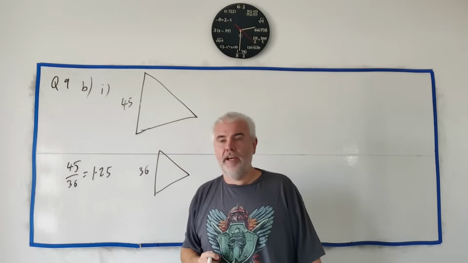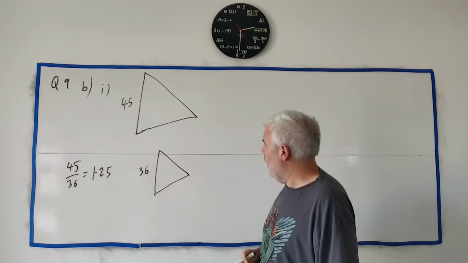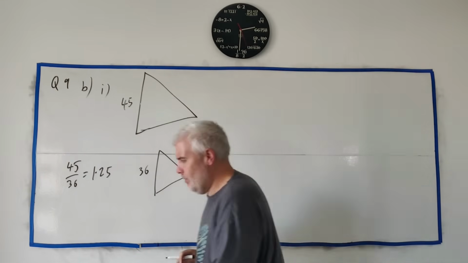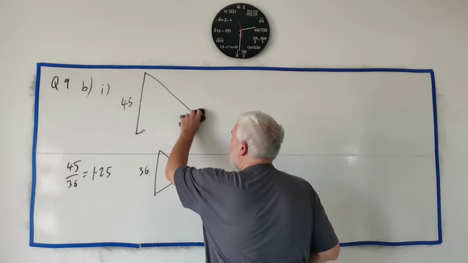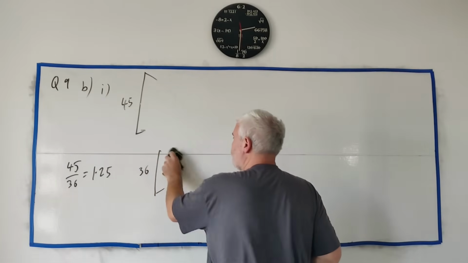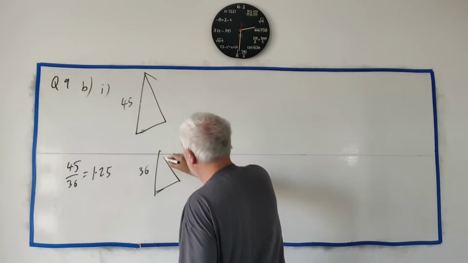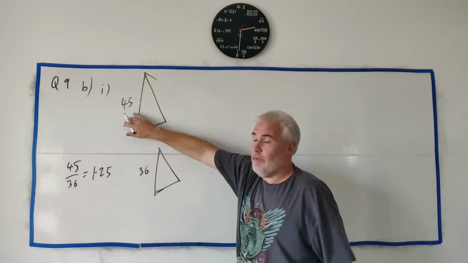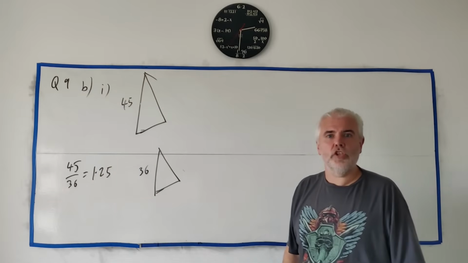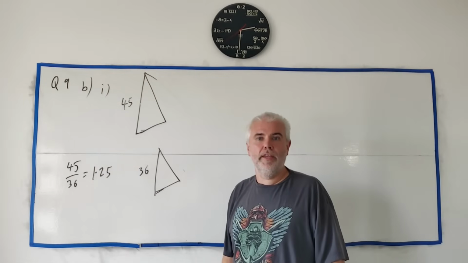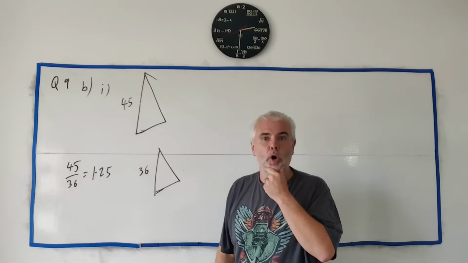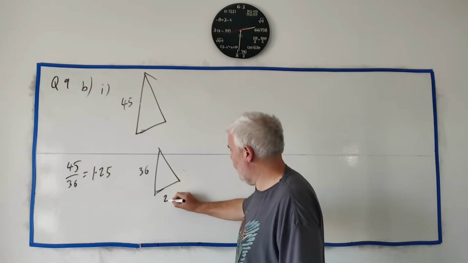The shortest side, I haven't drawn these too well. Let me change my drawing just to help us out a bit here. Let's say there's a short side like that. How about we keep it like that? The long side is still the same. So the short side of the smaller table is 25.5.